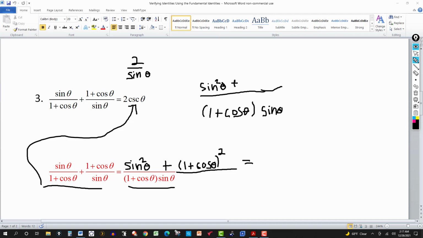So that's just like squaring a binomial. A plus b times a plus b is a squared plus 2ab plus b squared. Same sort of thing here. This will be 1 squared will give me that. And then twice the product. Here, I have 1 and cosine will give me 2 cosine theta.